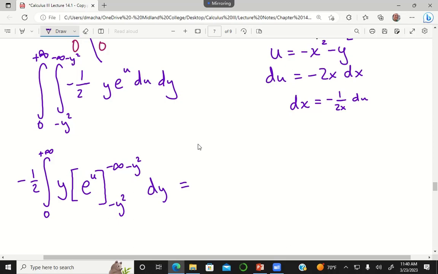Now the thing is, regardless of the value of y, whether y is 0 or any finite number up to positive infinity, this upper bound is going to essentially be negative infinity as I allow u to approach negative infinity. And so the limit of this function e to the u as u approaches negative infinity is 0. If you remember the exponential function, the limit as u approaches negative infinity of e to the u is 0.